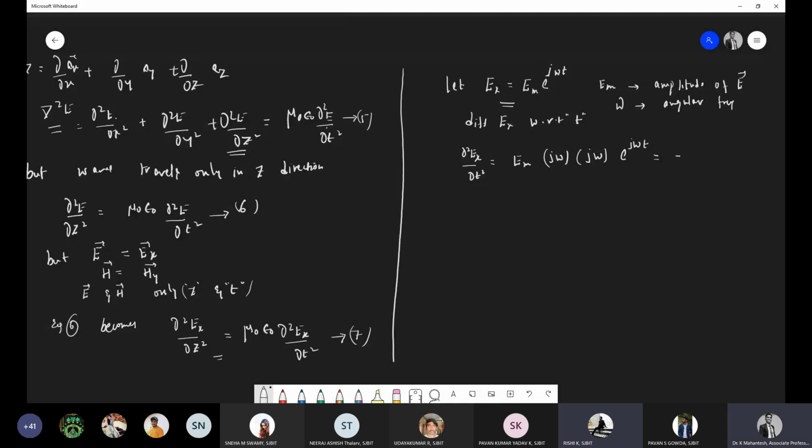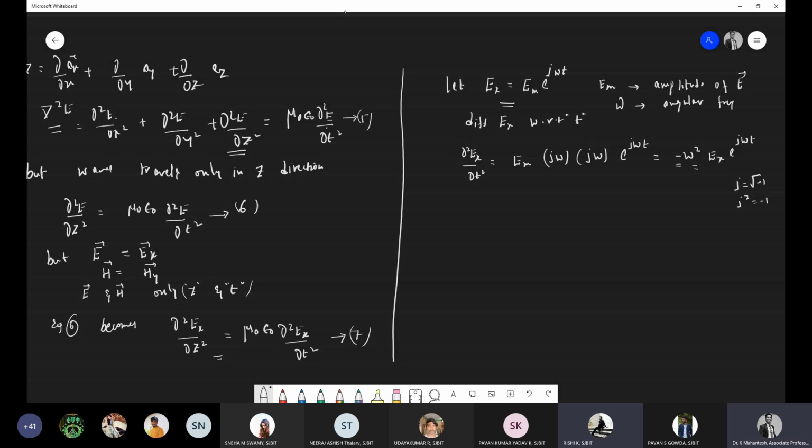Which will be equal to minus omega square Em e to the power of j omega t, because j is equal to square root of minus 1. j square is equal to minus 1. You could see why we get this minus 1, because j square. Omega square is retained as it is. So j square is equal to minus 1.